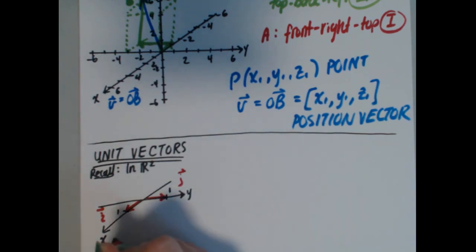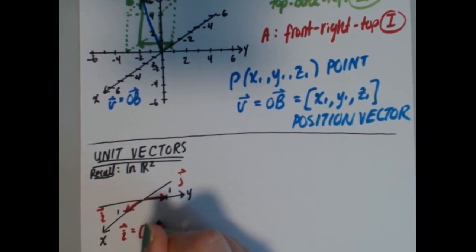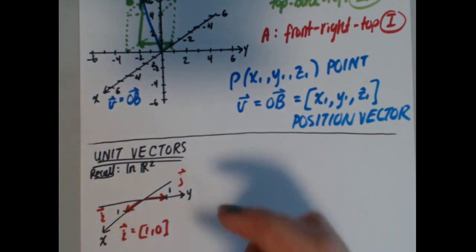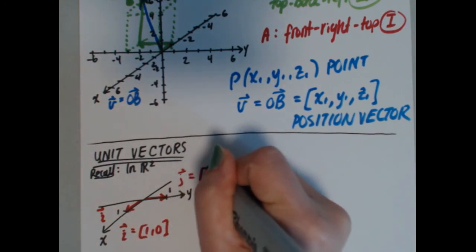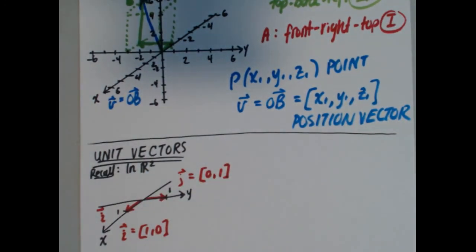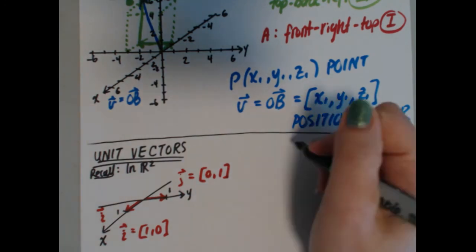So i, in two-dimensional space, is the vector 1, 0. It has magnitude 1 in the x direction and magnitude 0 in the y direction. It doesn't have any component along y. Now j has 0 along x and a length of 1 in the y direction. All right, so how does this connect to R3?